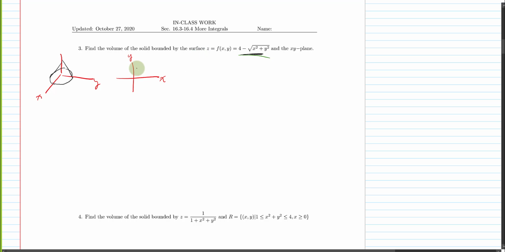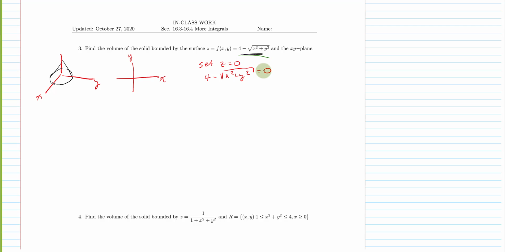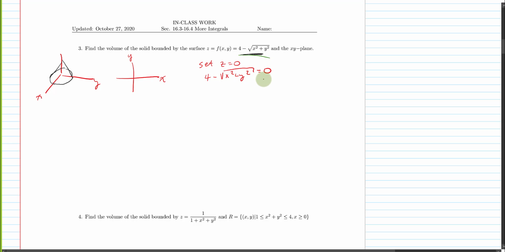Well, if I want to know what this looks like when it lands in the xy plane, what I can do is set z equal to 0. So that happens when 4 minus the square root of x squared plus y squared equals 0. Let's go ahead and solve this for x squared plus y squared.